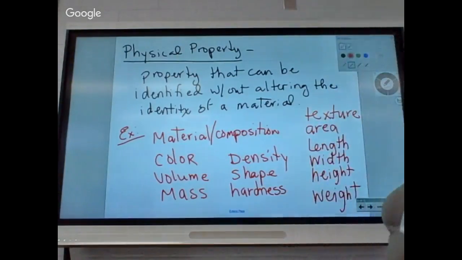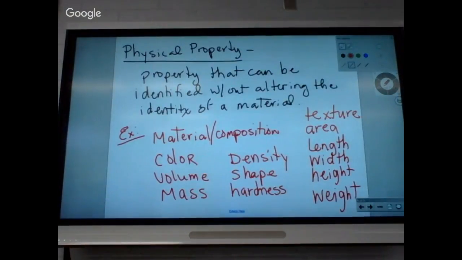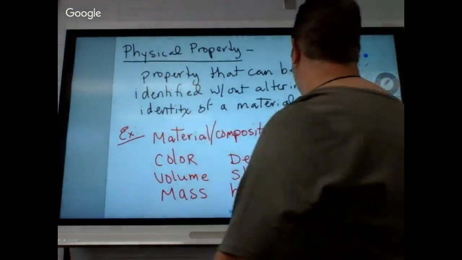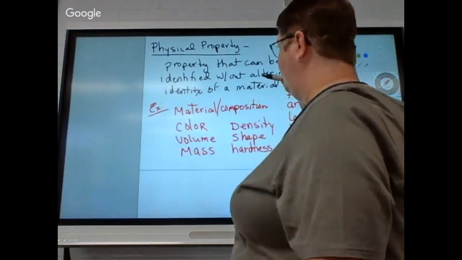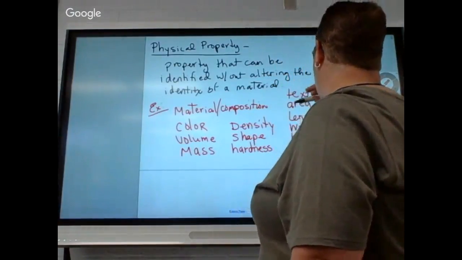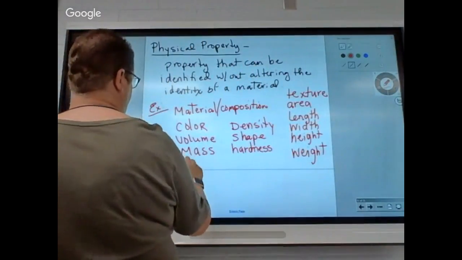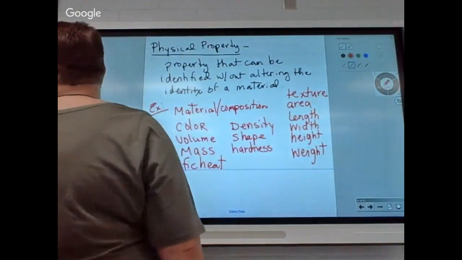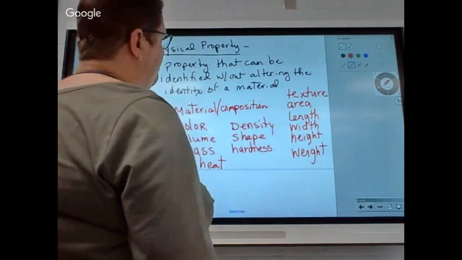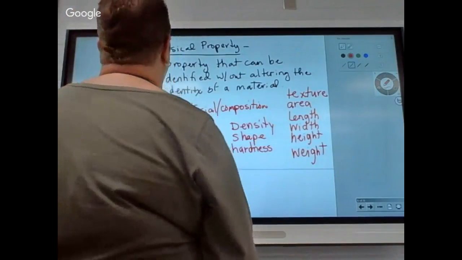All those are physical properties. Okay? Calculated one last night. Which ones? Heat. Needs another word. Yep. Specific heat. For temperature, it needs something in front of it. Look at your blue sheets on the front page.